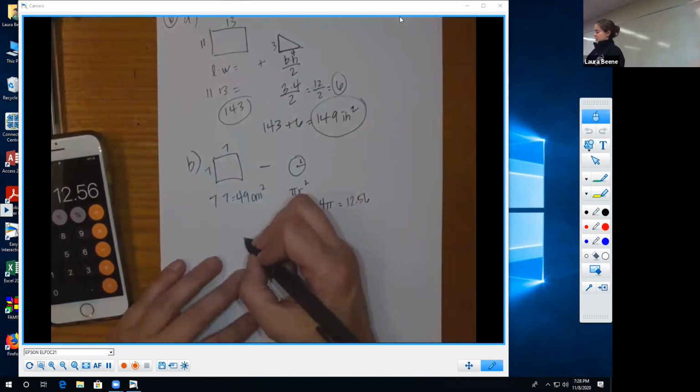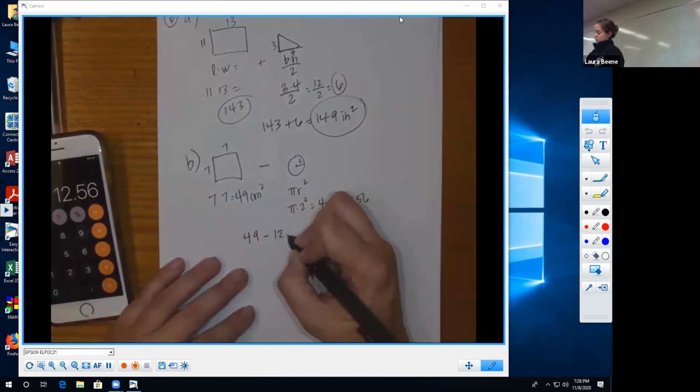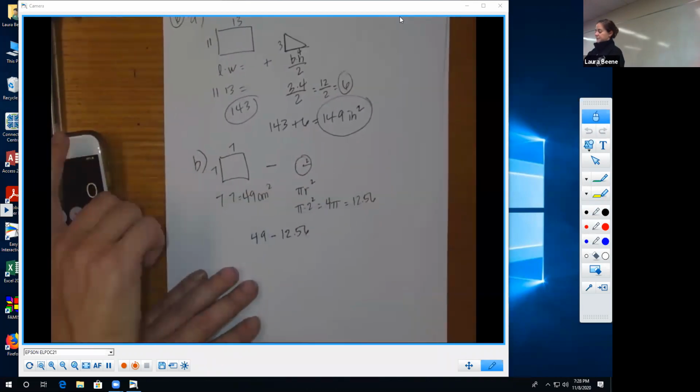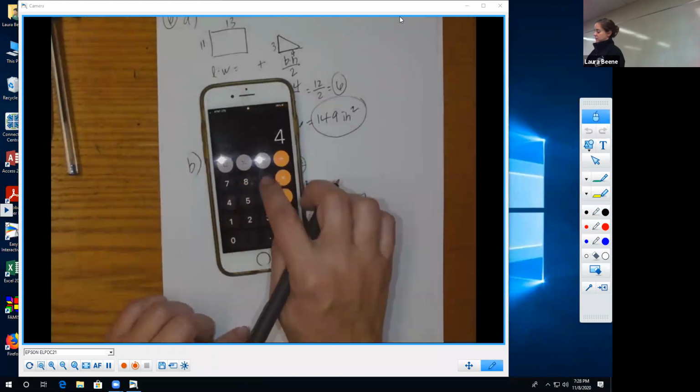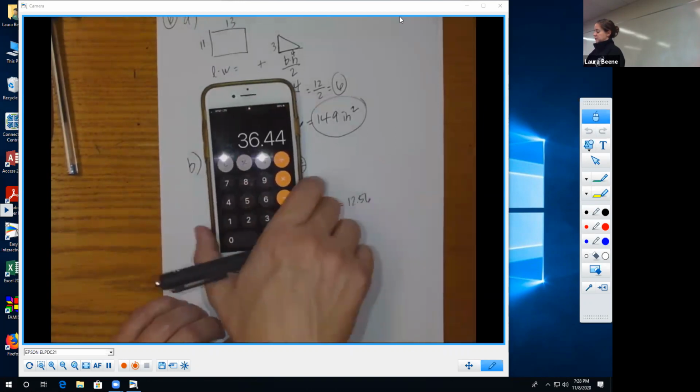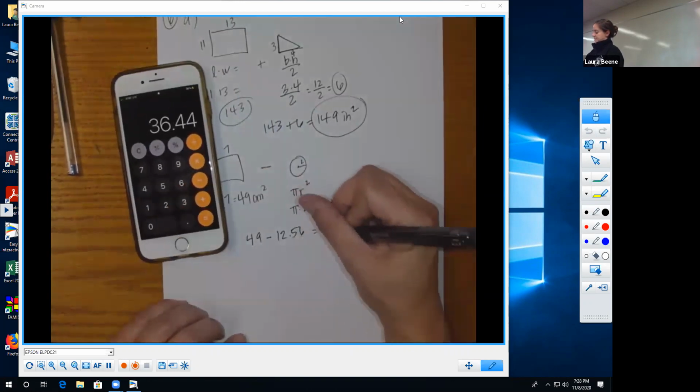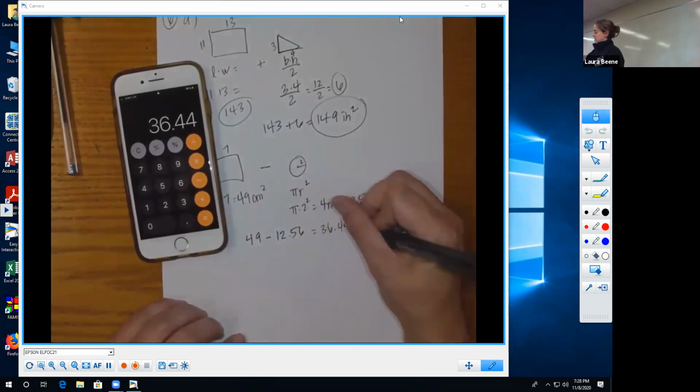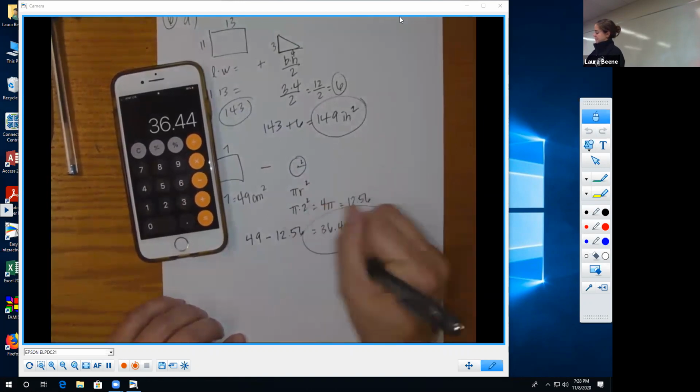So my area of that shaded region would be 49 minus 12.56, which would be 36.44, and that's centimeters squared.